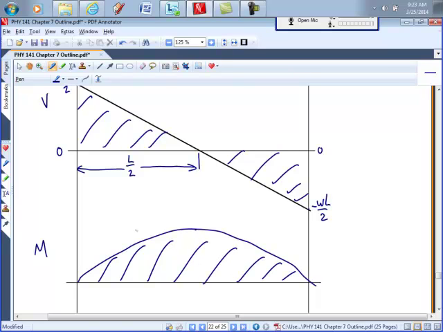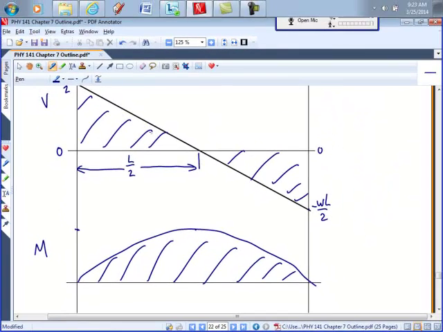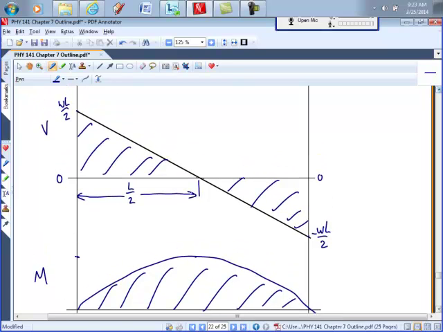All right, what's the maximum moment going to be? Almost. The maximum moment is going to be the area of this triangle. So the area of this triangle is 1/2 base times height.